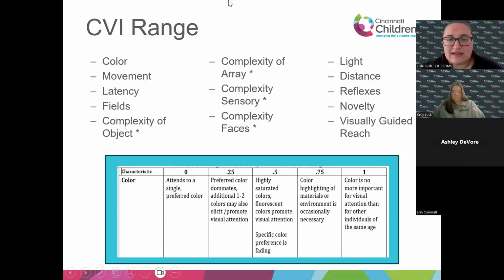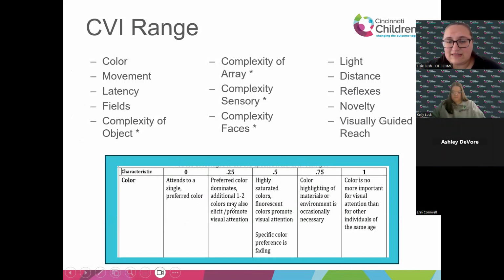So for each of those characteristics within the CVI range, again, it's not all encompassing of all the things we may see functionally impacted by CVI. There is going to be a 0 to 1 scoring. As you guys can see down here, here's the scoring for color. 0 is going to be the most impacted level of CVI, whereas 1 is going to be the least impacted level of CVI.